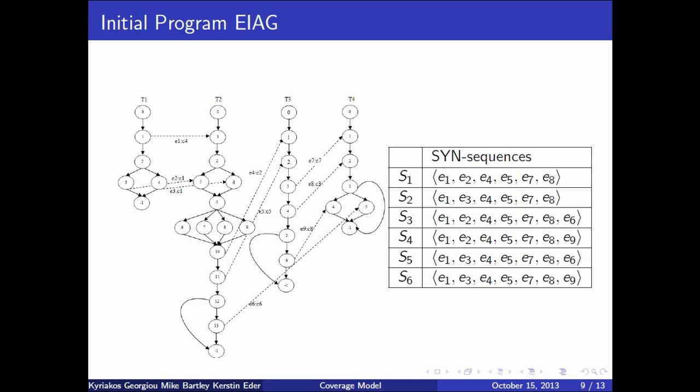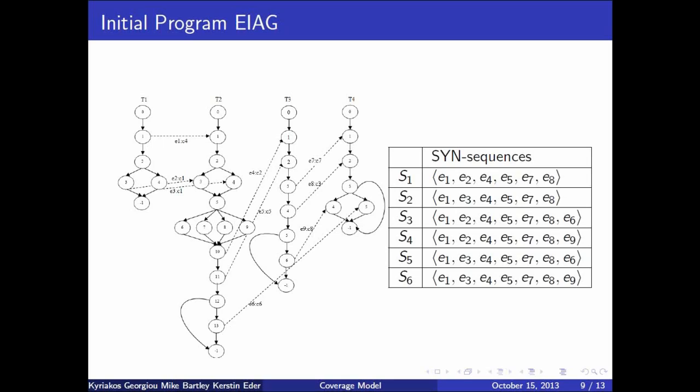Here we can see the initial version of the program without any bugs, and on the left side is the event interaction graph. We can see that we have 4 threads, and there is a lot of communication going on between those threads. On the right side, we can see all the sync sequences which are valid, specified by the communication protocol of the program.